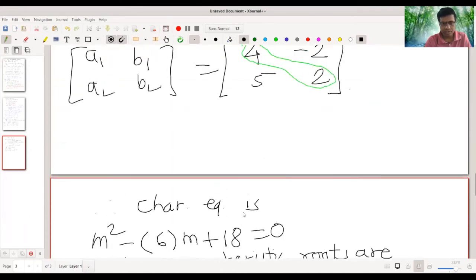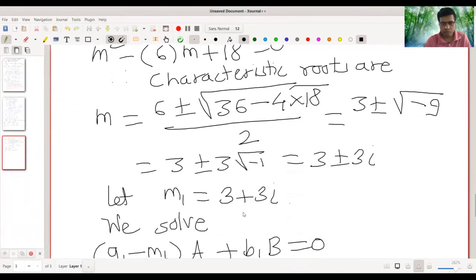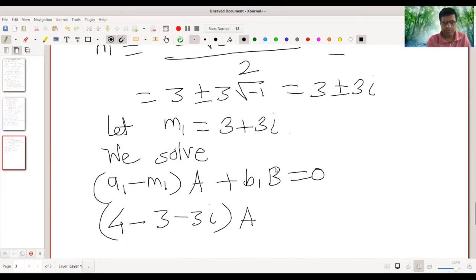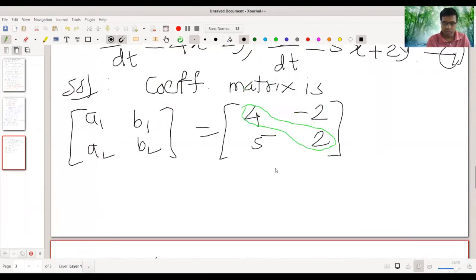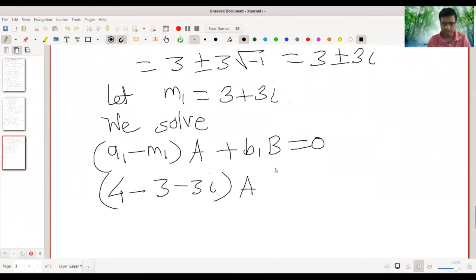So here A1 is 4. So 4 minus 3 plus 3i. So minus, this plus becomes minus, A plus B1. B1 is minus 2. So minus 2 capital B equal to 0.